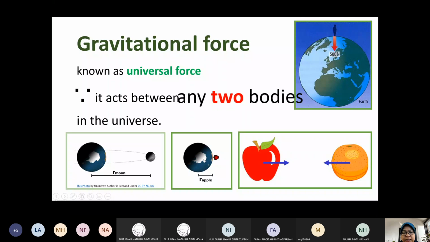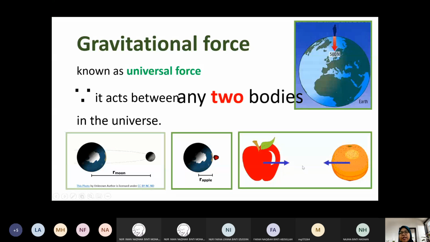So as long as we have two bodies, ada dua body kat sini, there is a gravitational force. Now, what about an apple is placed next to an orange? Since they are two bodies, this is one body, this is another body. So they have force between them, which is gravitational force.